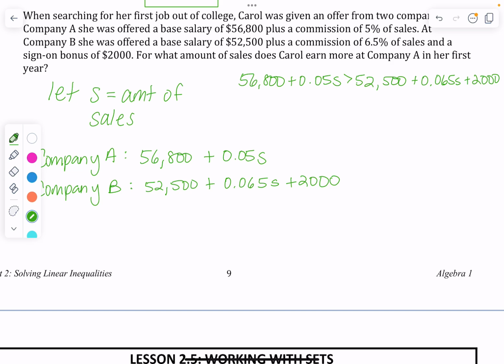All right, so there's no distribution, but I can combine like terms, 2,000 and 52,500. Need to move it over again.